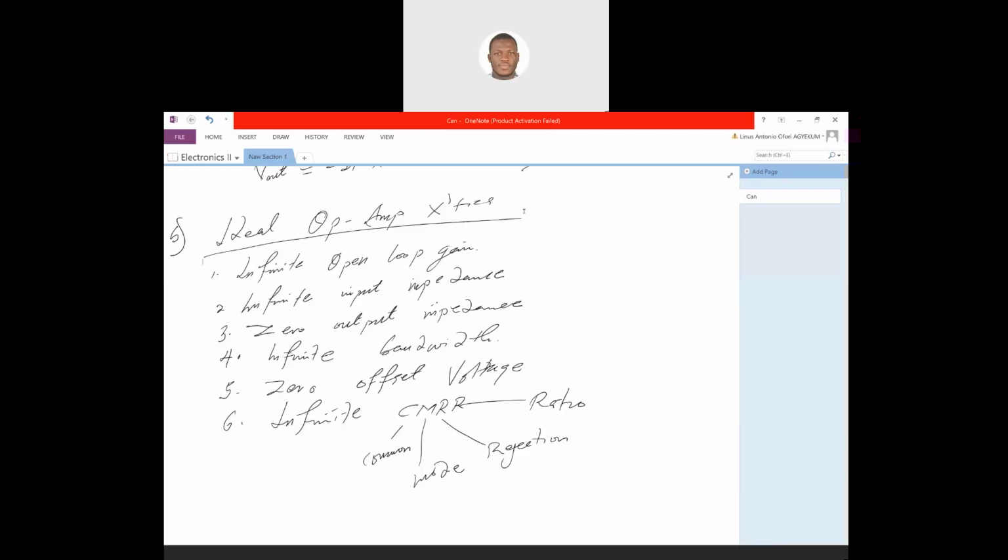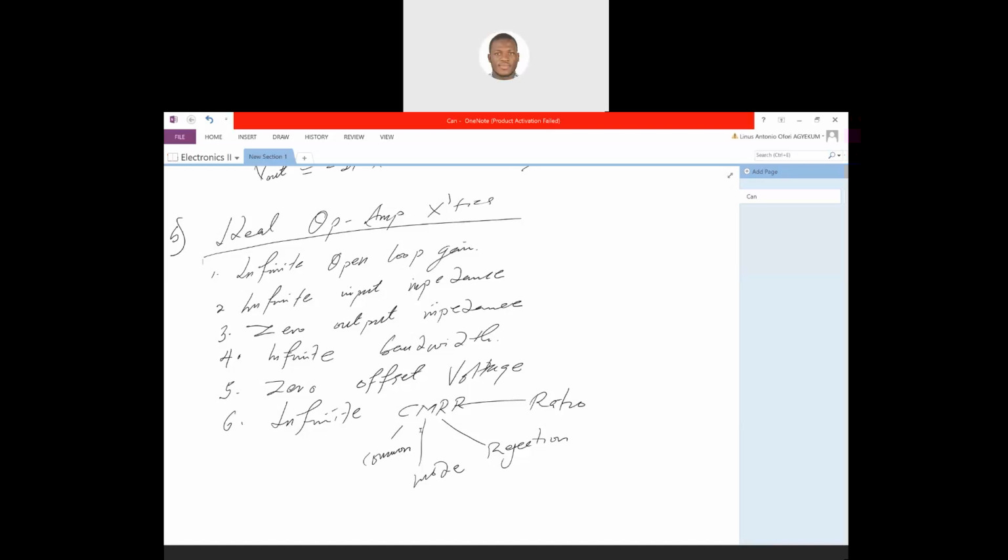Okay, so these are the ideal characteristics of an op amp. Assuming an op amp is not subject to any other conditions, in its ideal state, in its normal state, these are the characteristics it should exhibit.